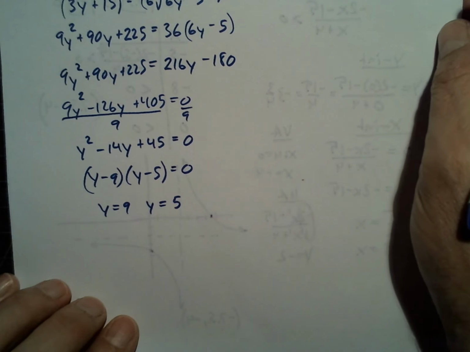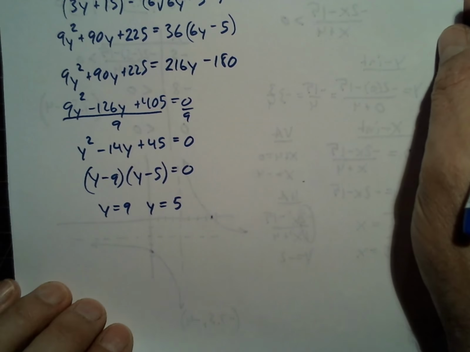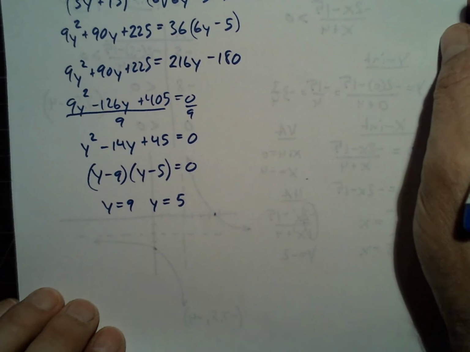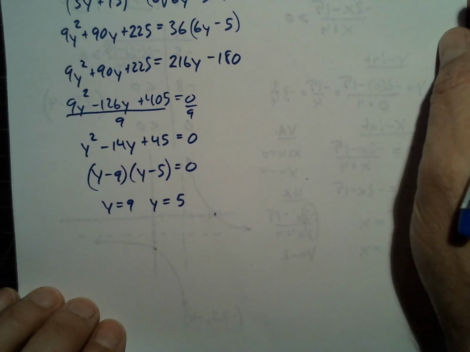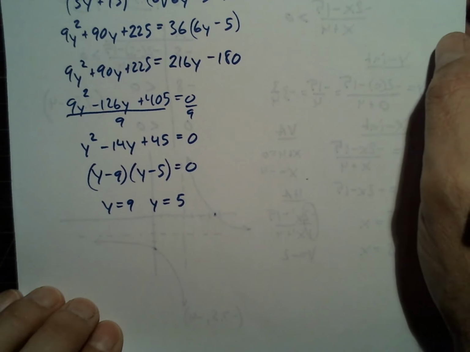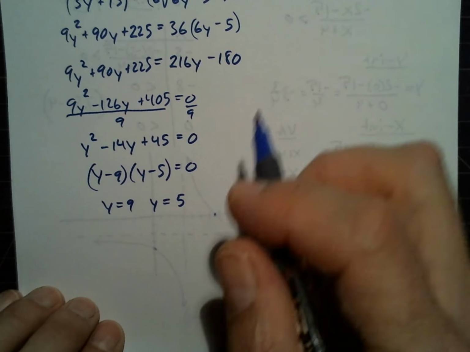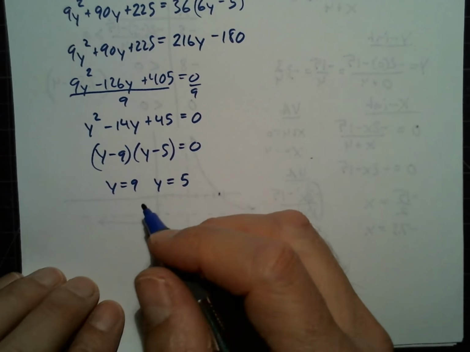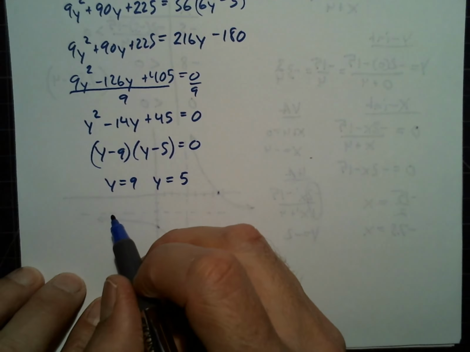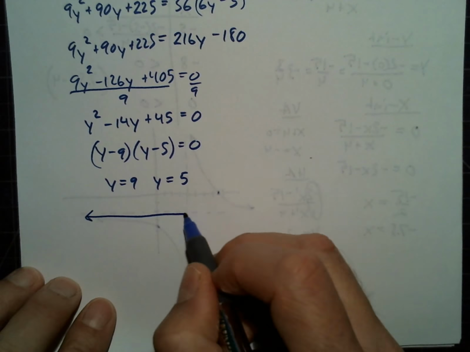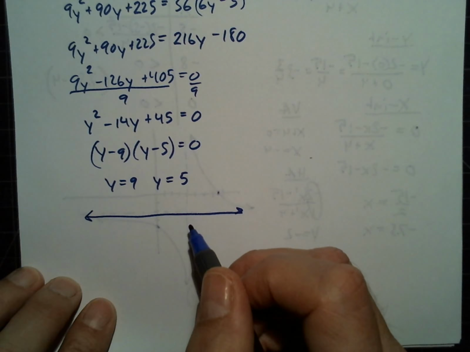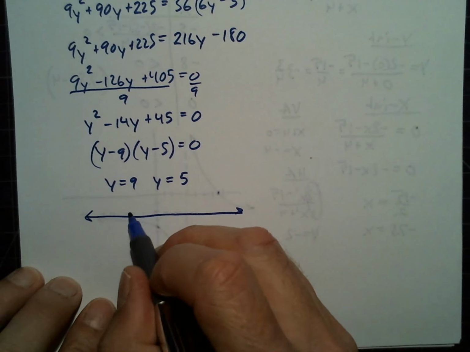Alright, so this is where the equation equals 0, and we want to know when it is greater than 0. So we had this, now we have 5 and 9.